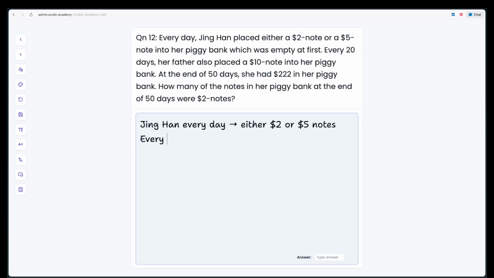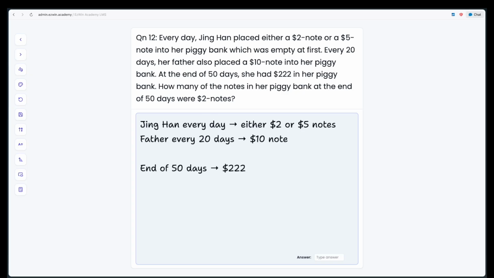And for the father, every 20 days he will put a $10 note. Now at the end of 50 days, she has $222 in her piggy bank. So how many of the notes are $2?